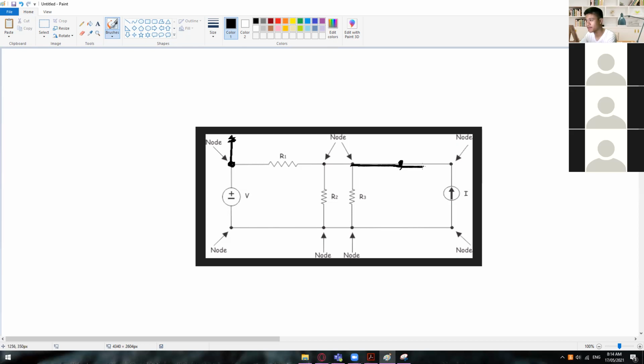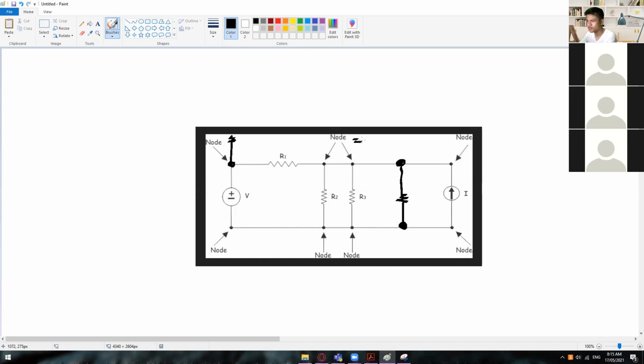This is one path, but you cannot say that this is another node since there is no other path that will lead to another path. If there is another path here, let's say another resistor, then this is now considered a node, and of course this one is also now a node. That's basically the main explanation when it comes to nodes.